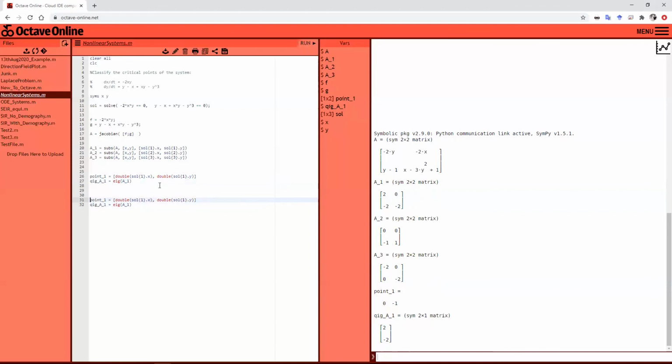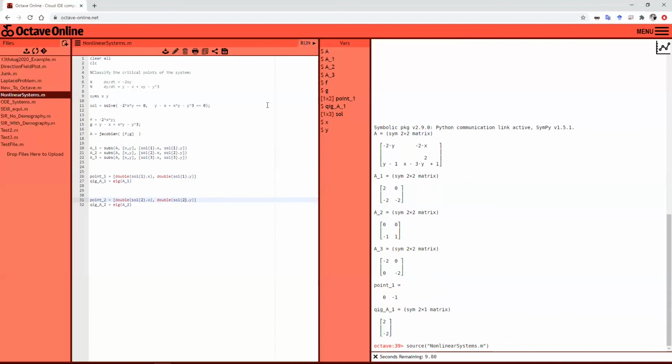So point 2. Again, I'm going to be printing my point 2, which was 0, 0, and I'm going to look at the eigenvalues of matrix A2. So let's save and print that.